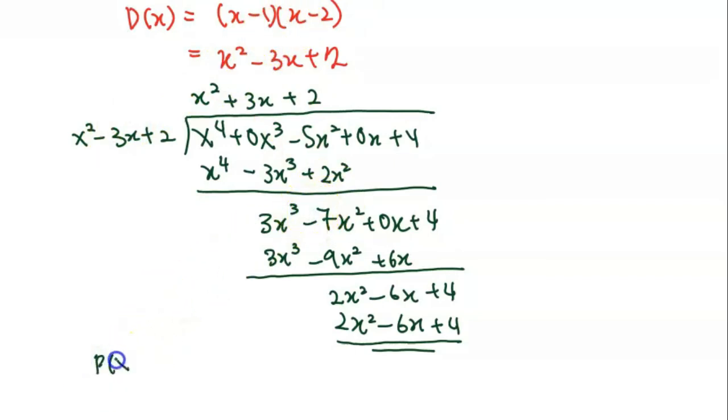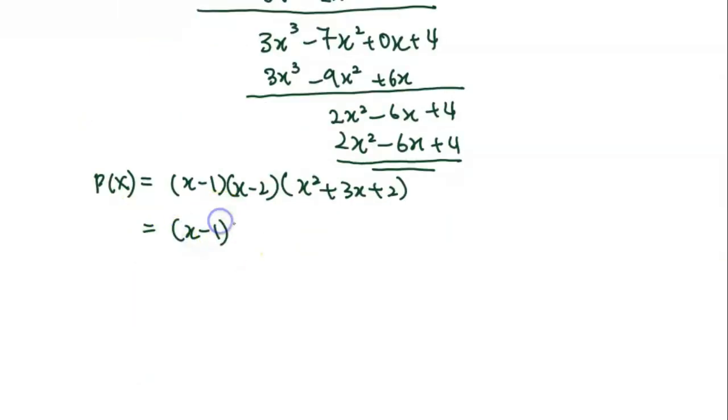So now we can rewrite our polynomial as x minus 1, x minus 2, where this is our divisor, times its quotient, and then plus no remainder, so 0. Now we are going to see whether this x squared plus 3x plus 2 can be factorized. So now we have completed factorizing this polynomial to the power of 4.